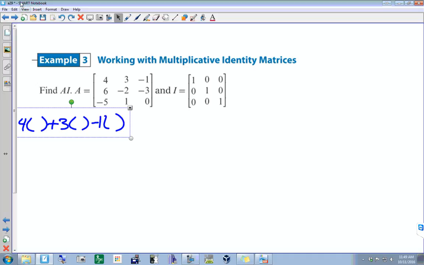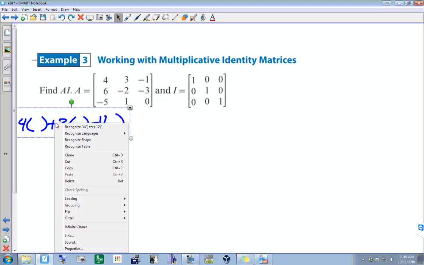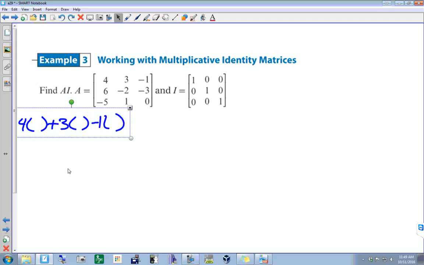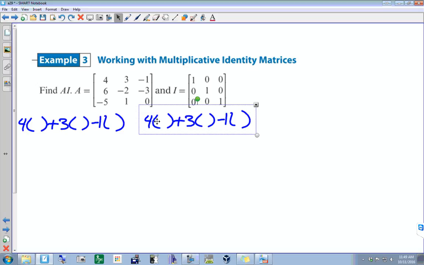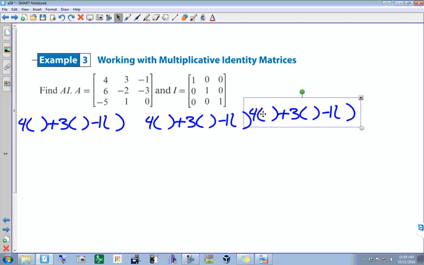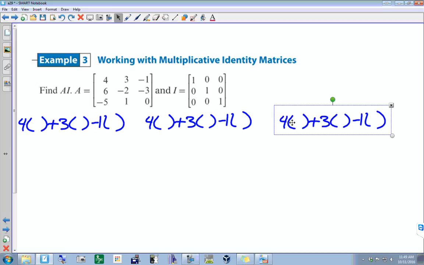This is where technology comes in rather handy. That's cheating, isn't it? But it reiterates this whole idea that if I'm taking this row, multiplying it by those columns, I always want to put those 3 in there.